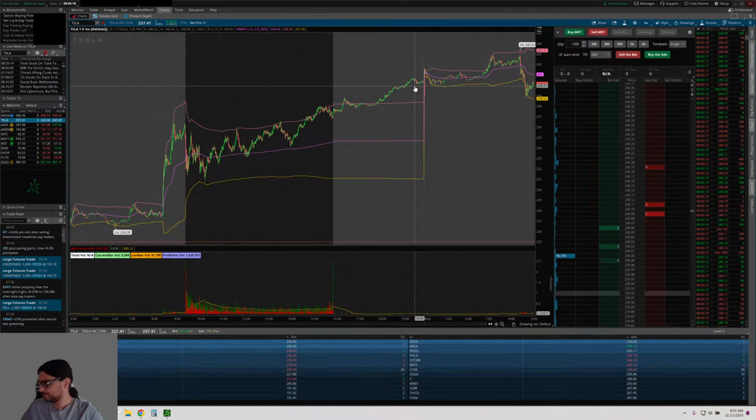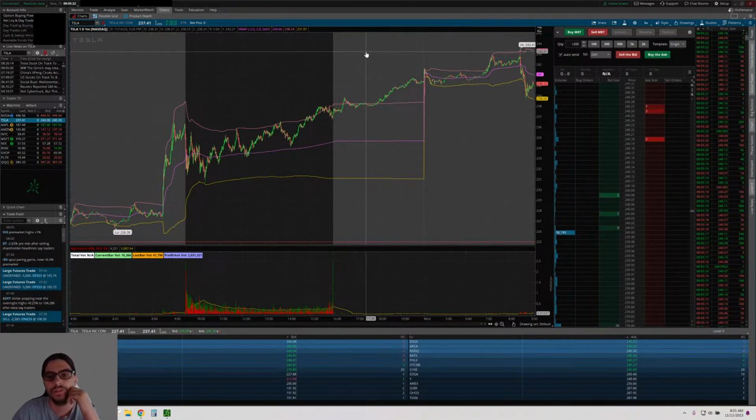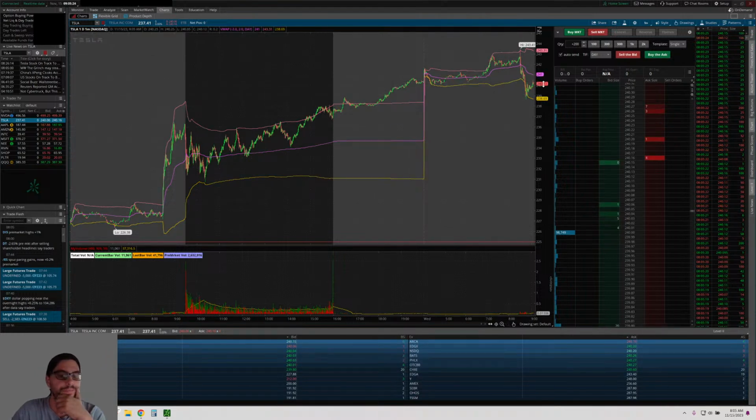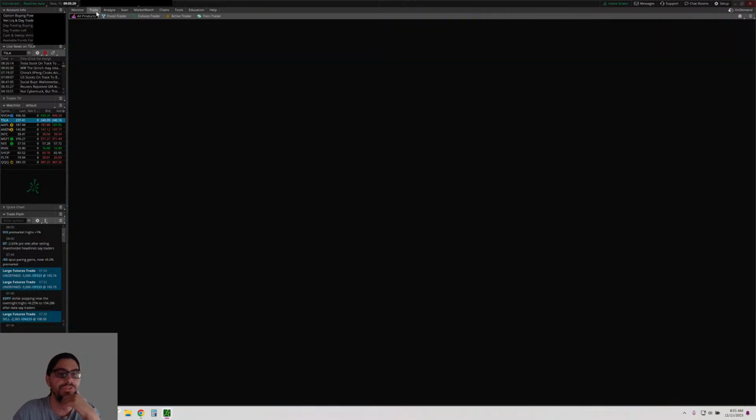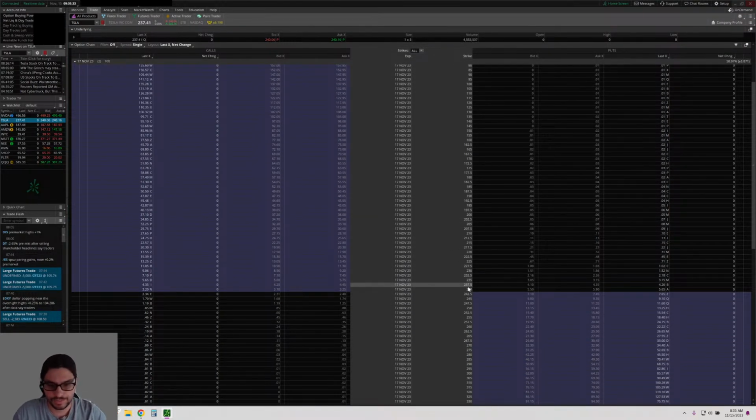So I've already been looking at the Tesla a little bit. It's above 240. Now, why is the 240 important? Because yesterday I was looking over the option chains and I was finding the 240 to be very, very interesting. I was thinking about buying the 240.